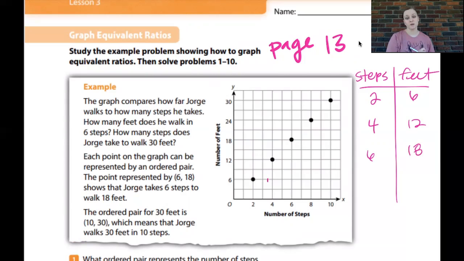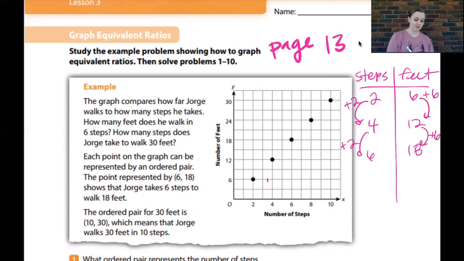We use these ratio tables a lot because there are 2 different relationships that we see. We can find some equivalent ratios by seeing, well, every time that I go up 2 steps, I'm also going up 6 feet. If I go up 2 steps, then I'm going up another 6 feet, right?